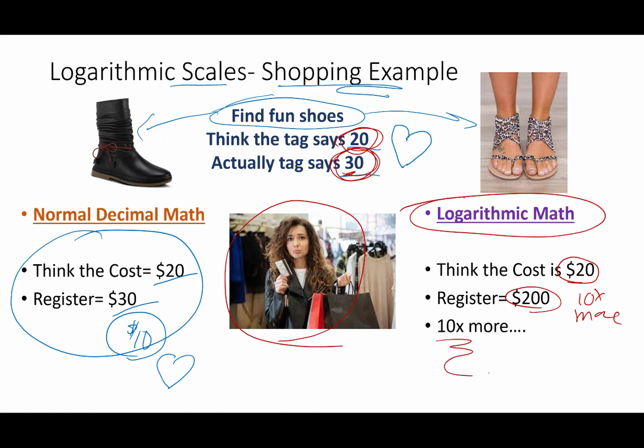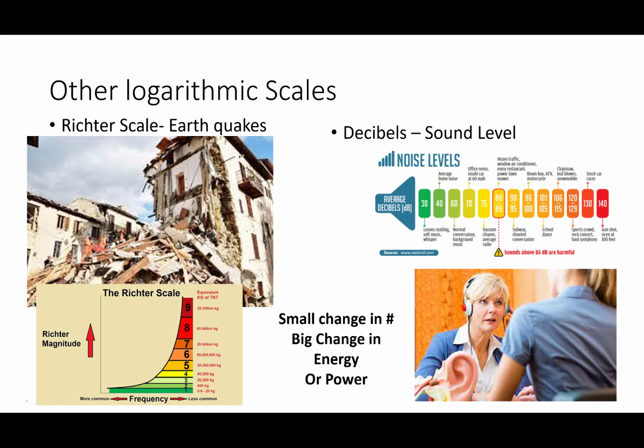That's just wacky. This is so unusual because in our normal life, we do not deal with logarithm math very often. And that's one of the reasons why pH and the concept of pH is difficult, because it's a very unusual kind of math. There are two other logarithmic scales you're going to encounter in your life. One of them is the Richter scale.